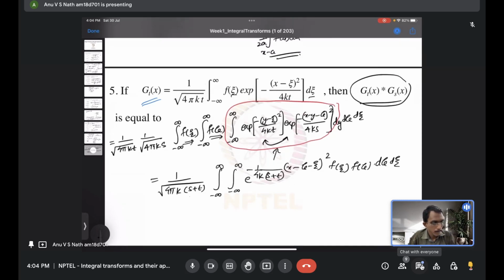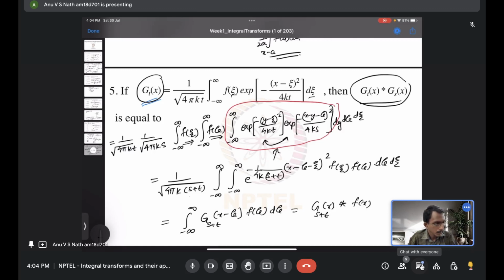Now you can again go ahead and use the fact that g t of x is defined like this, so you can represent this as a convolution, integral from minus infinity to plus infinity of g s plus t of (x minus theta) times f of theta d theta, which you can write as a convolution between g s plus t of x and f of x.